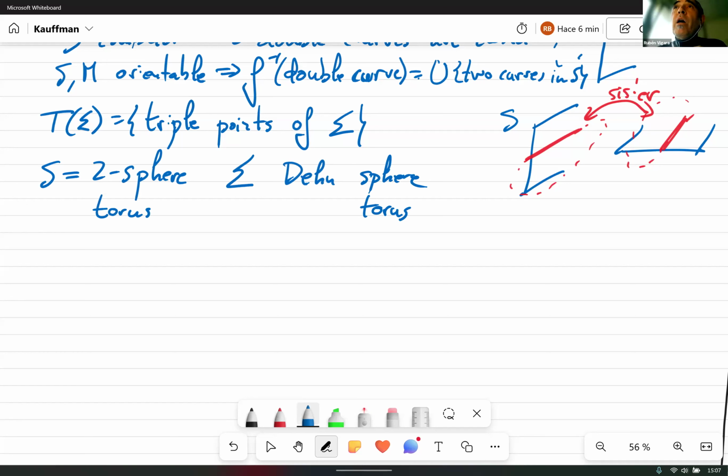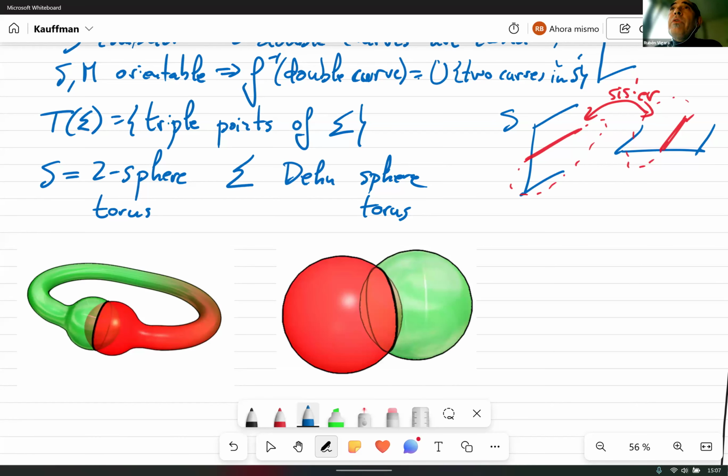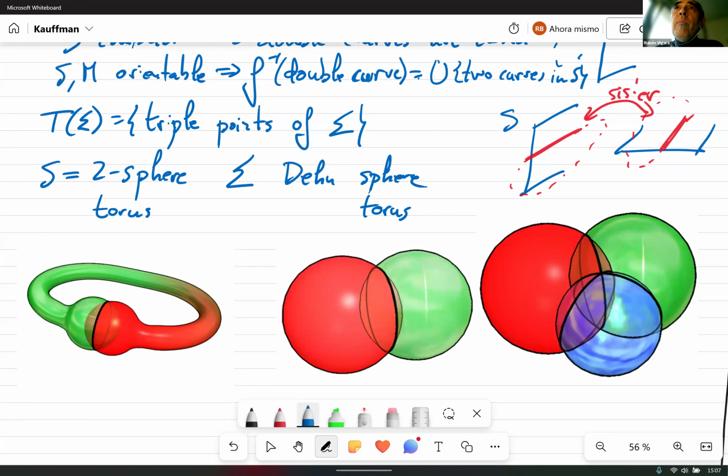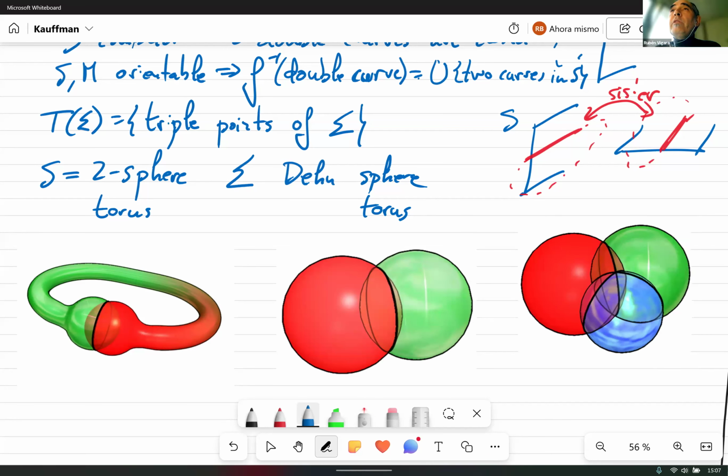Let me show some examples. For example, a simple example here. We have one sphere that intersects itself, a couple of spheres intersecting along a double curve, a triple of spheres intersecting in pairs in double curves, and the three spheres in two triple points.